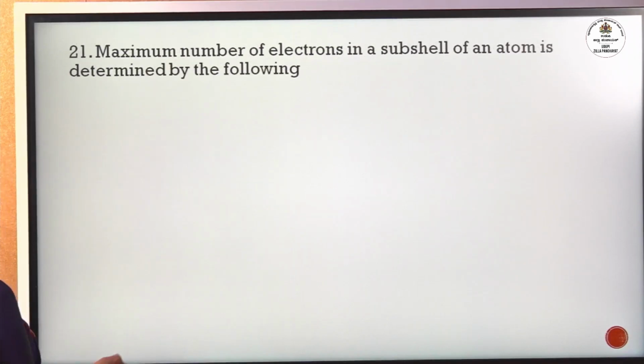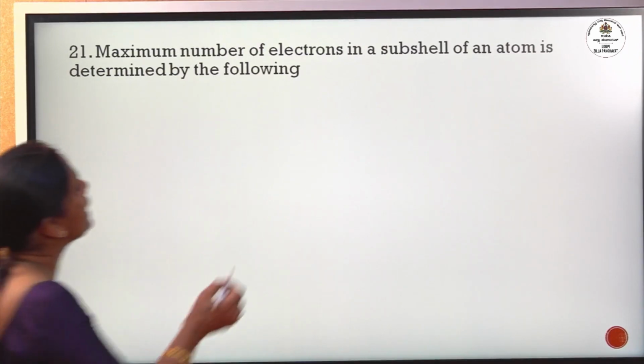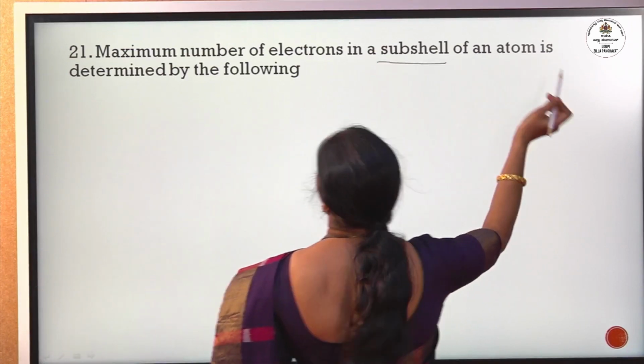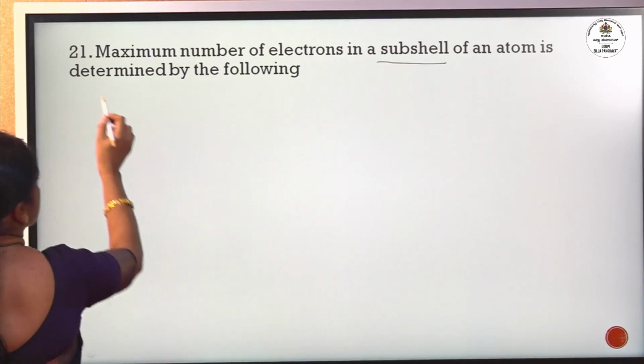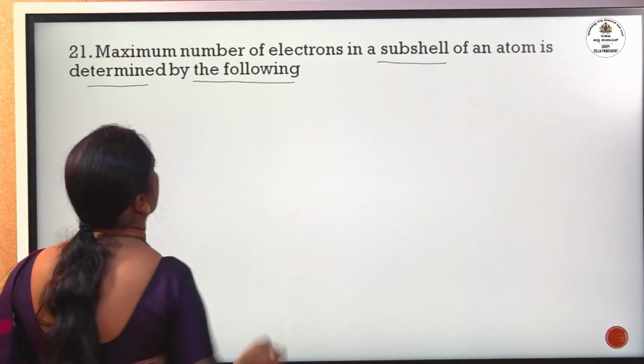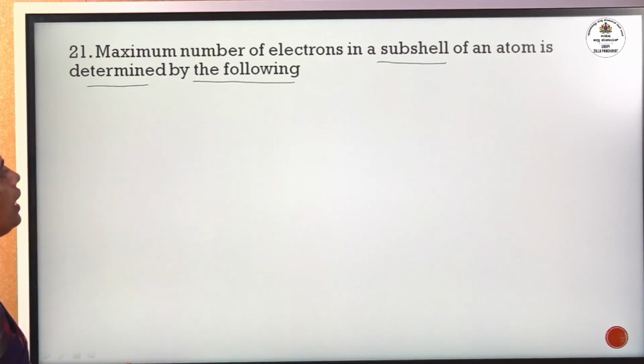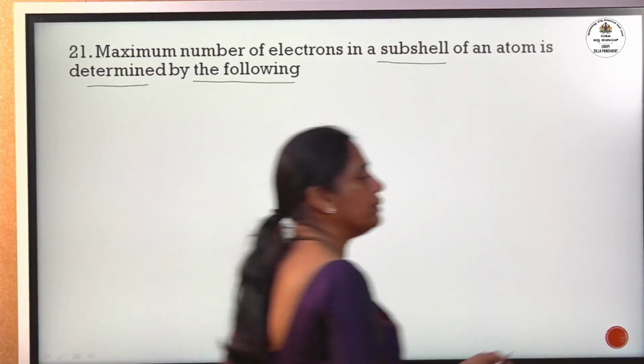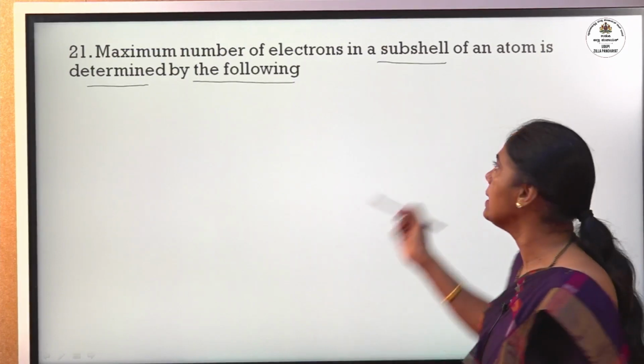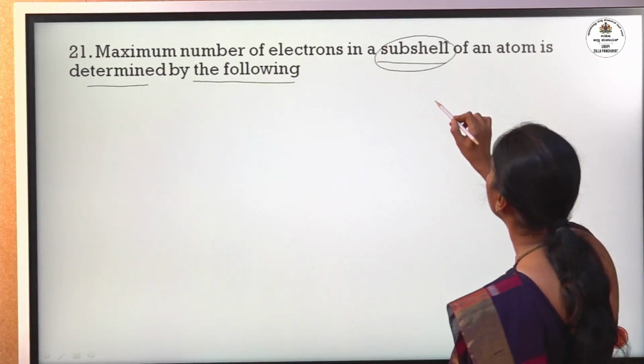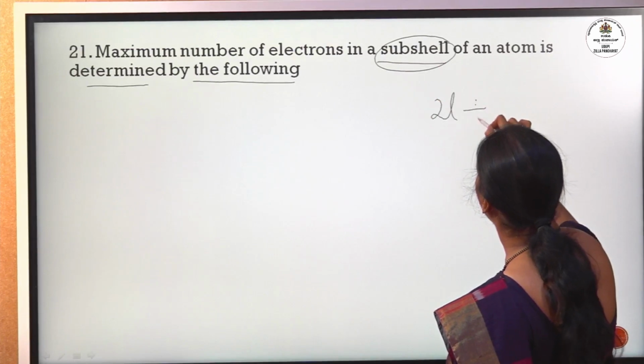Next we will move on to the next question. Maximum number of electrons in a subshell of an atom is determined by the following. Now the number of orbitals present in a subshell is given by 2l plus 1.